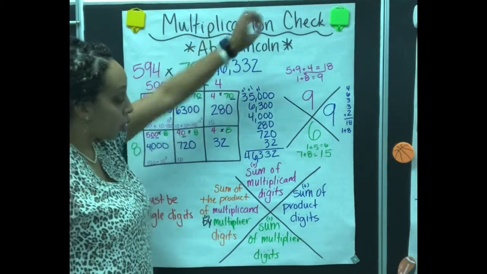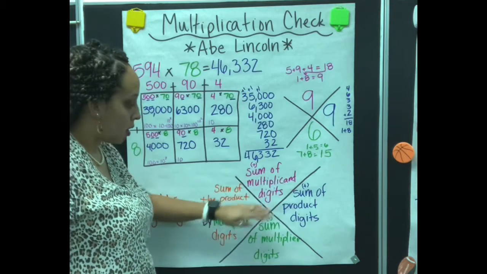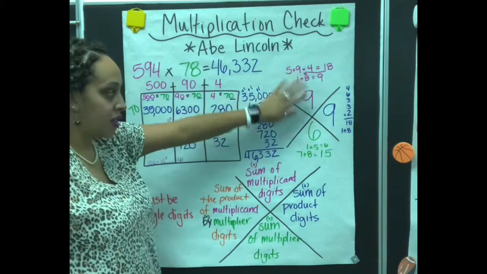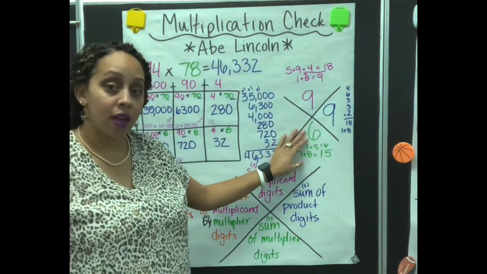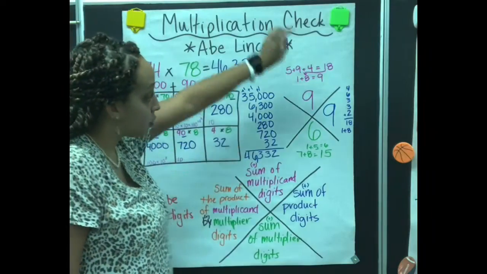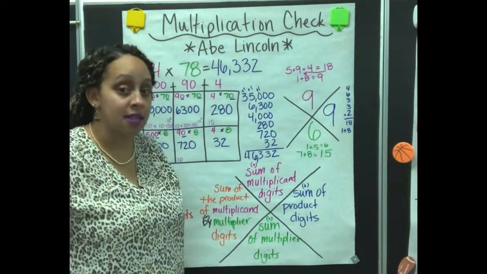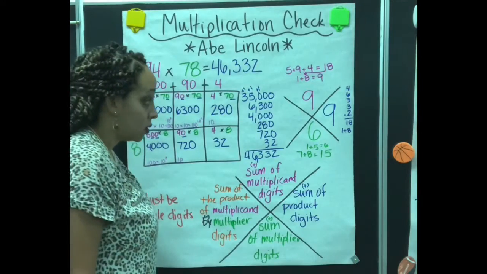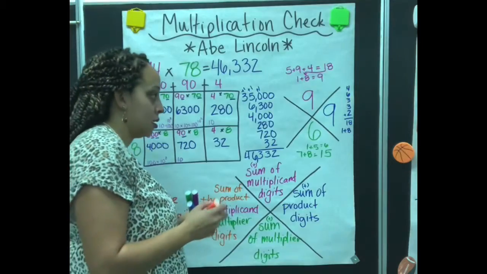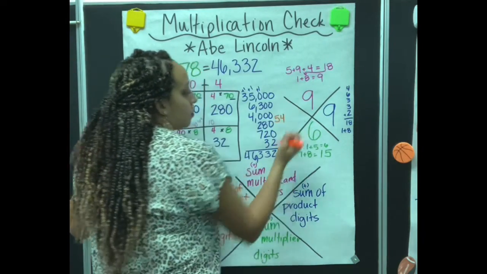You take the product, so we're still taking the sum of the product of these two numbers. Product means what? Answer to a multiplication problem. So we are going to multiply 9 times 6. 9 times 6 equals what? It equals 54.